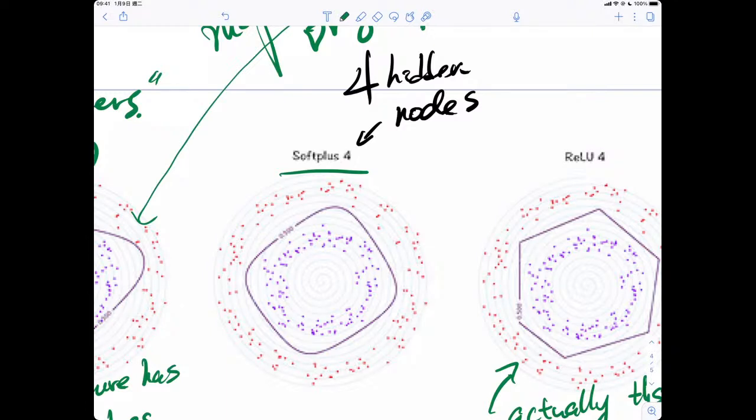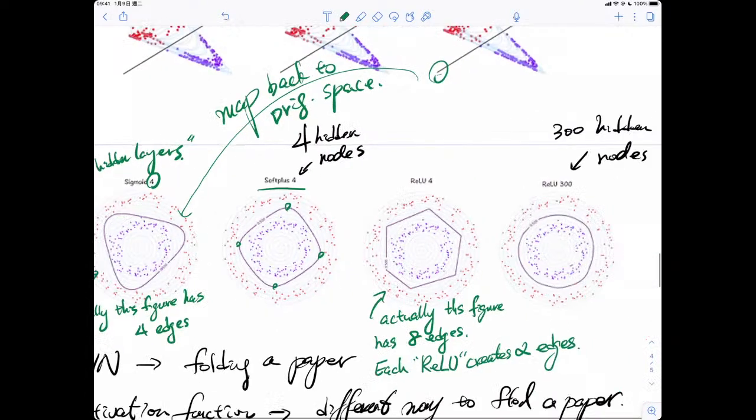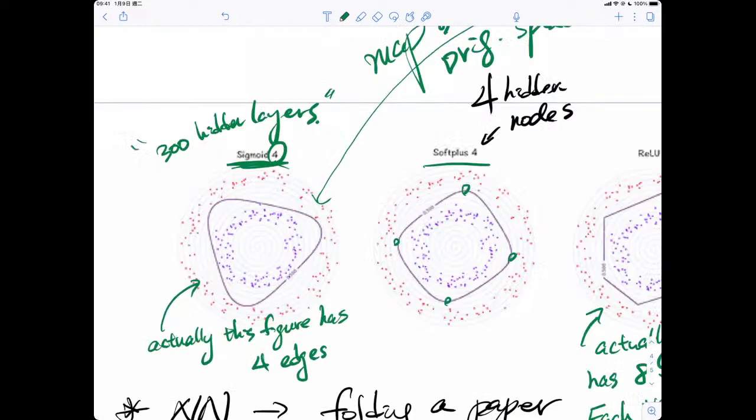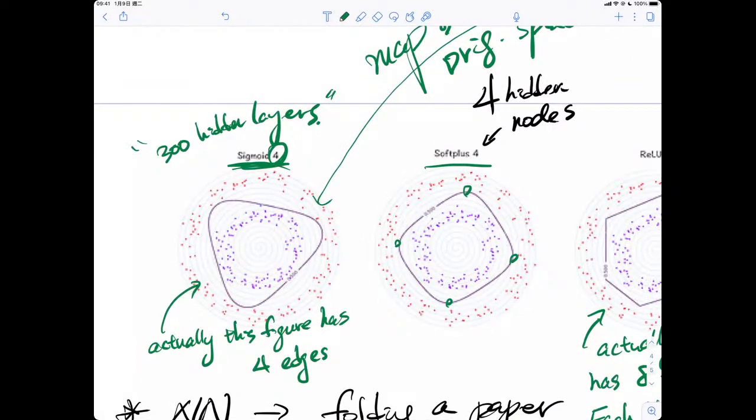Because we pass through to sigmoid, and sigmoid has an edge, we have 4 edges right here. It is a little bit difficult to imagine why we have 4 hidden nodes and four turning points of the boundary line. Of course, the sigmoid function right here has 4 edges as well.